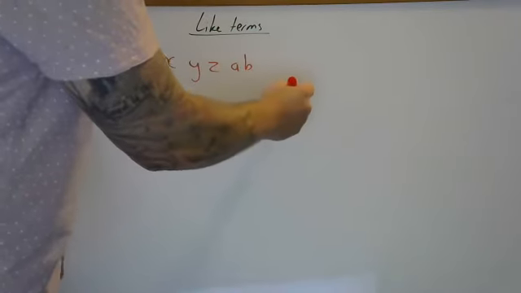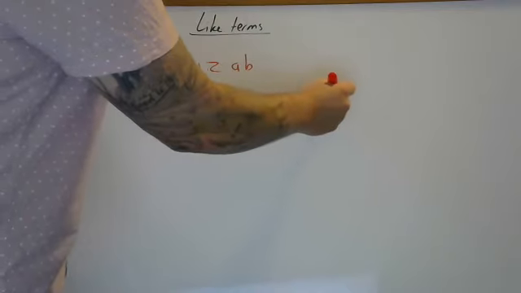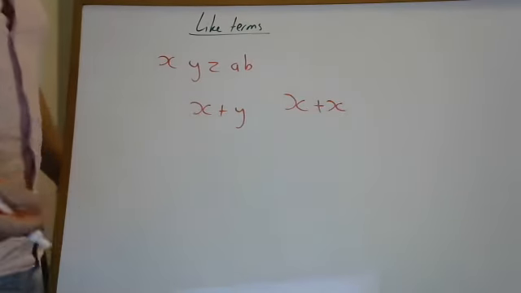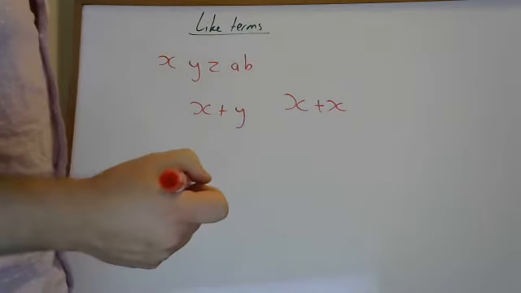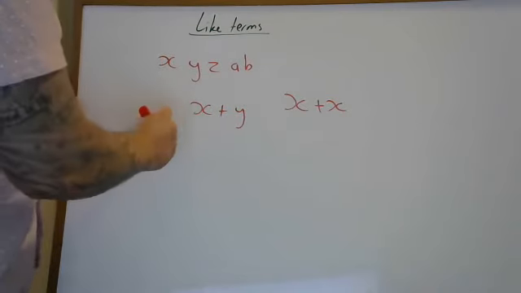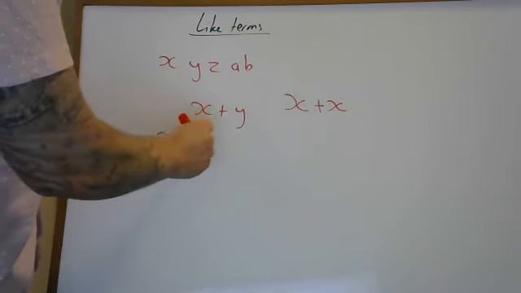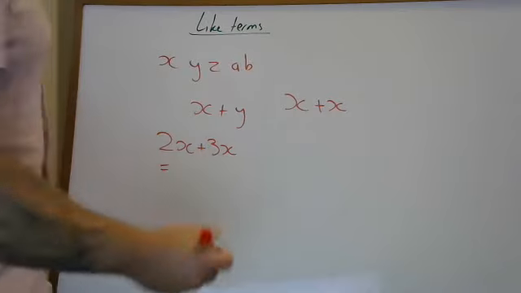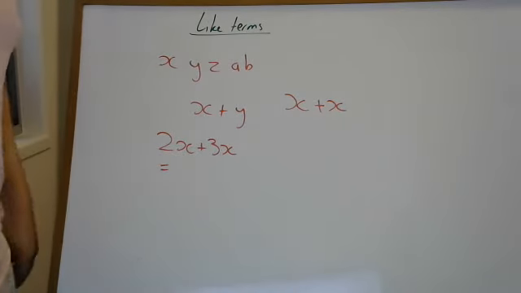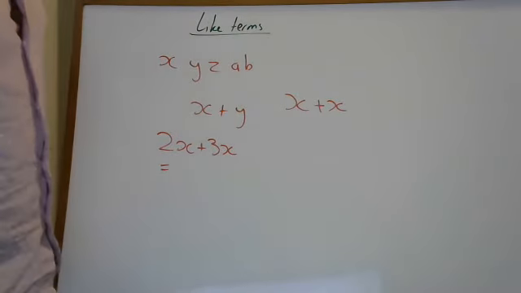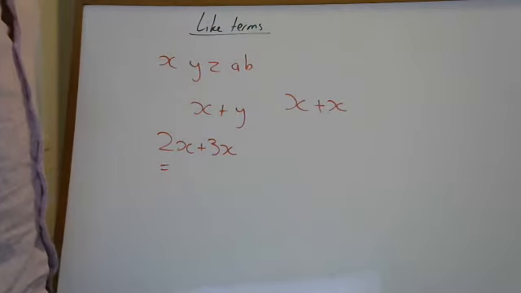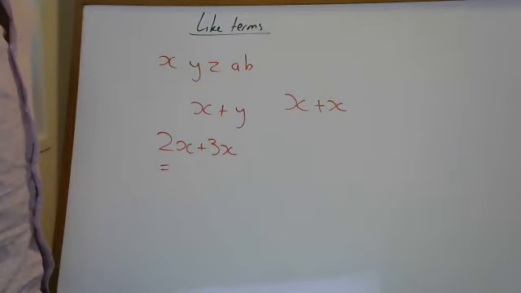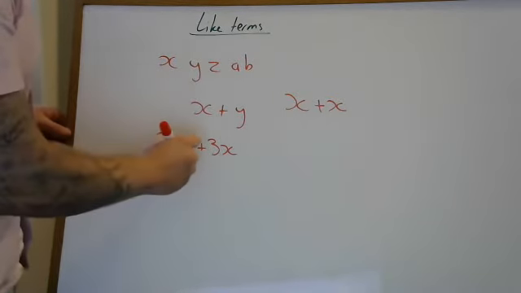So X plus X, we could add. So 2X plus 3X would equal 5X. Very good.